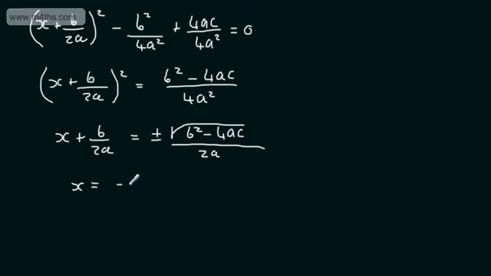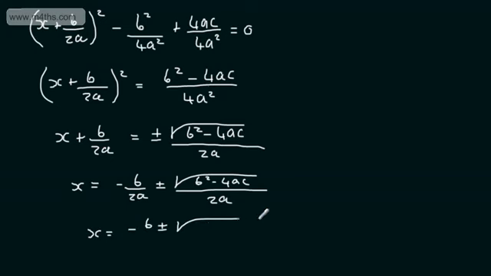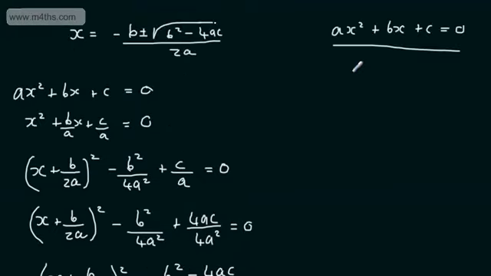So x is equal to minus b over 2a plus or minus the square root of b squared minus 4ac, all over 2a. We've already got a common denominator, so we can just combine that. So we've got minus b plus or minus the square root of b squared minus 4ac all over 2a. So we've completed the square to derive the quadratic equation.